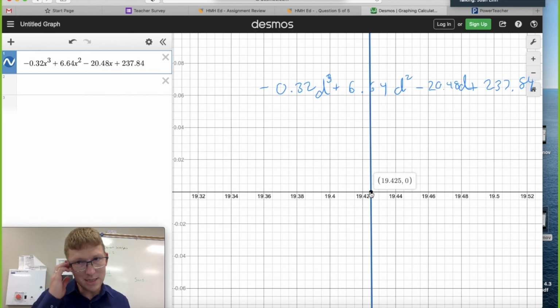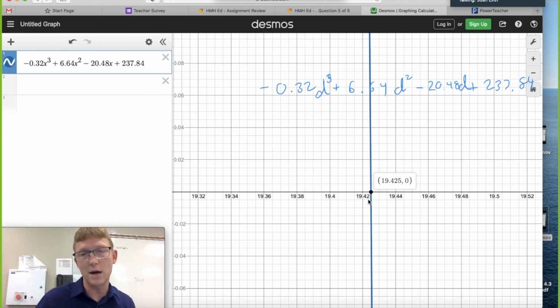And it's going to be 19.425. You can do that on your calculator. I think there's a way that you can find your x-intercepts. If not, you can always use the table function and then just shove x equals 0 into it, and then you should be able to get some answers. So I can show you how to do that on your calculators in class. It's a little bit harder to do here on a video.